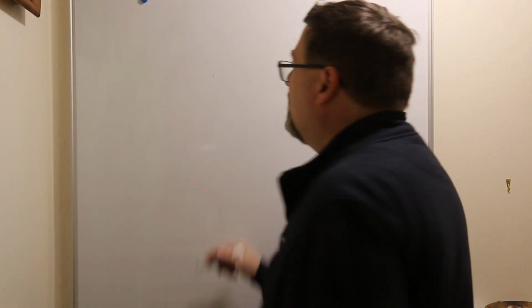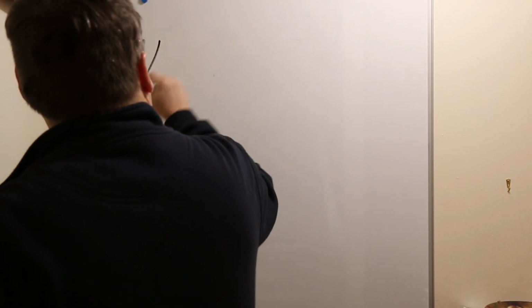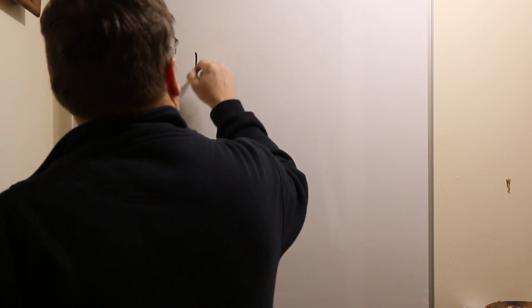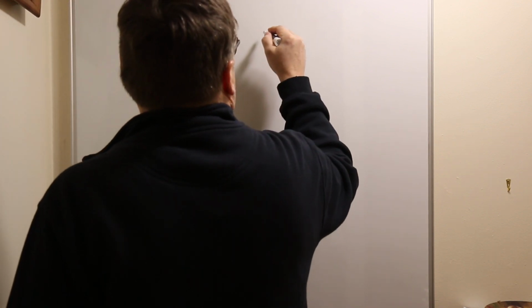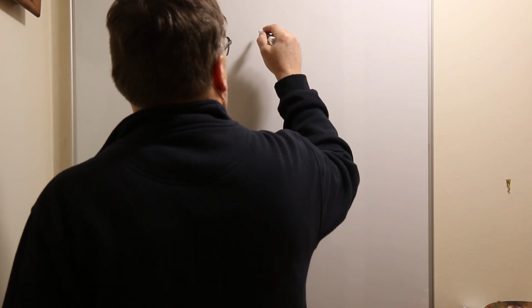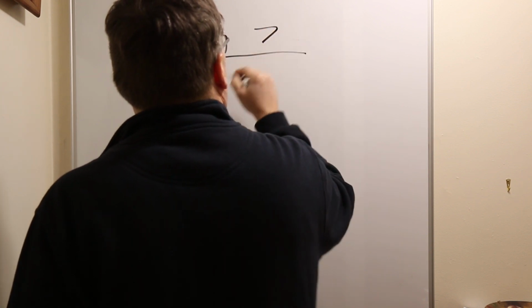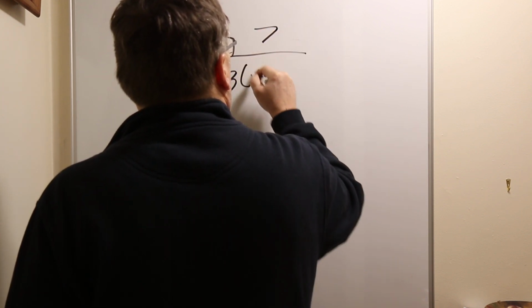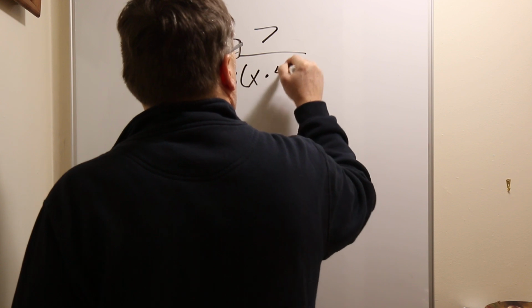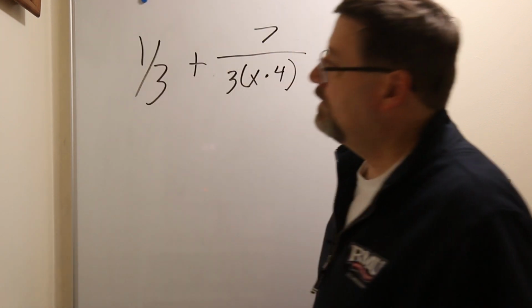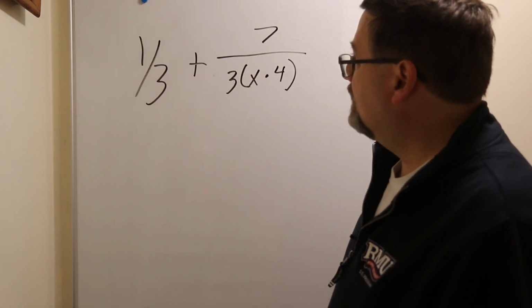Let's do a division this time. So if we do 1/3 plus, oh, let's be crazy. We're going to do 7 divided by 3x times 4. So again, we want to make this explicit.